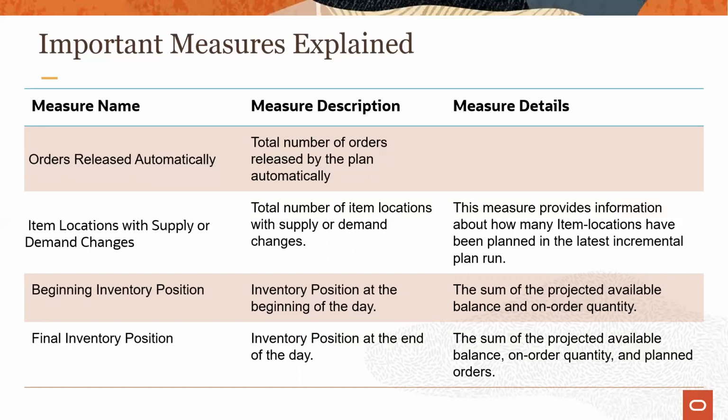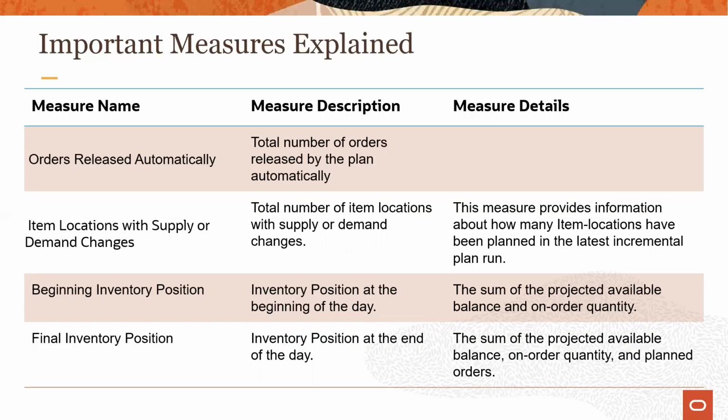Item location with supply or demand changes shows total number of item locations with supply or demand changes. This is mainly for incremental plan runs. Beginning inventory position is inventory position at the beginning of the day, which is sum of projected available balance and on order quantity.